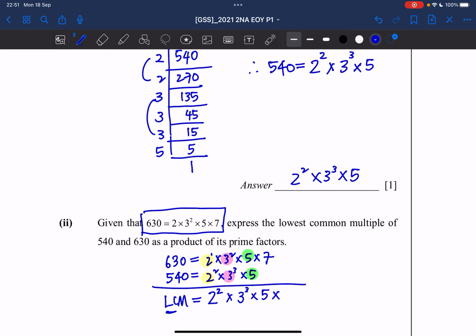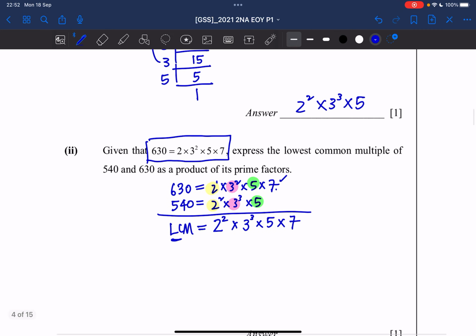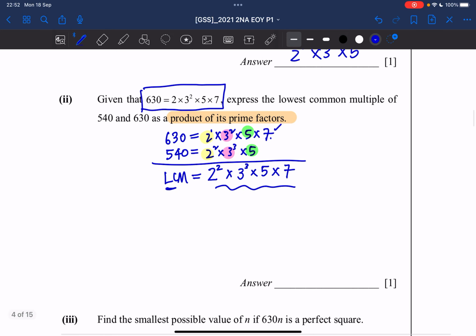Because 7 appears only in one number, the other number doesn't have 7. But because this is LCM, we have to take number 7 as part of our answer. Since they want the answer as a product of prime factors, we just need to write all this. So the answer is just 2 squared times 3 cubed times 5 times 7.